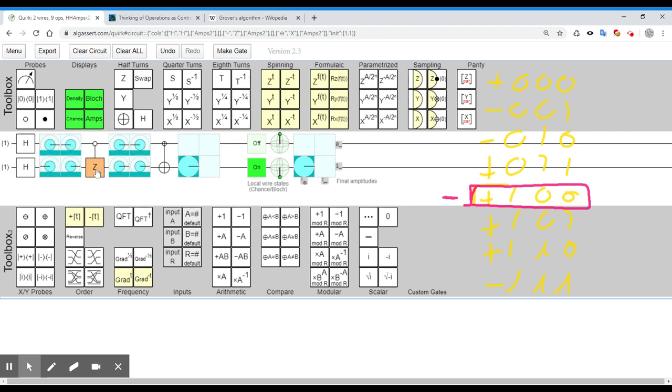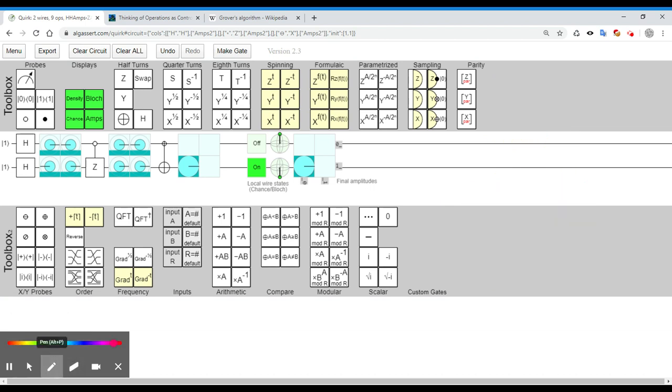Basically the same has happened. Let me clear everything. The same has happened here, right? So we've got that closed-open pattern, and here basically this has been flipped.